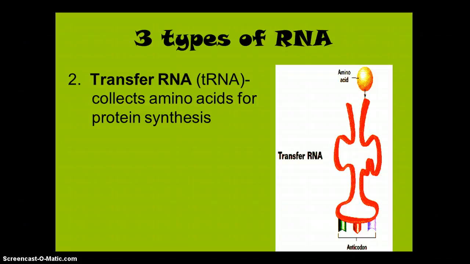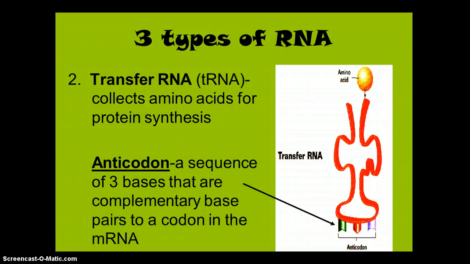We have another one called transfer RNA. And transfer RNA actually collects amino acids for protein synthesis. On the bottom, you'll find an anticodon, a sequence of 3 bases that are complementary base pairs to the codon in the mRNA. And based on the amino acid that it's carrying, it will have the anticodon that matches with the codon. So for example, I said AUG codes for MET.